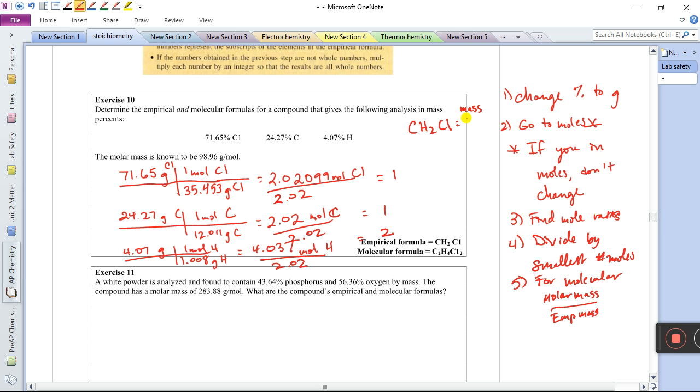Be a little more precise than that. 49.45. Okay. So 49.45. What was the molecular mass, molar mass for this compound? 98. So we're going to do 98.96 divided by 49.45, which is going to work out to right about 2. So if our empirical was CH2Cl, we multiply all of that by 2, which will get us a molecular formula of C how many? 2.